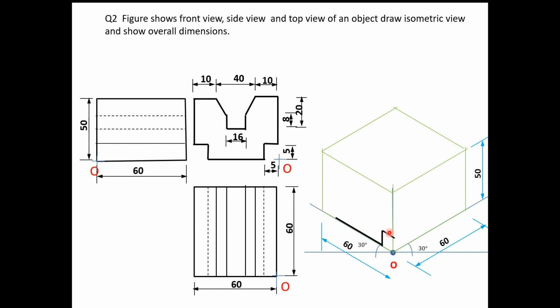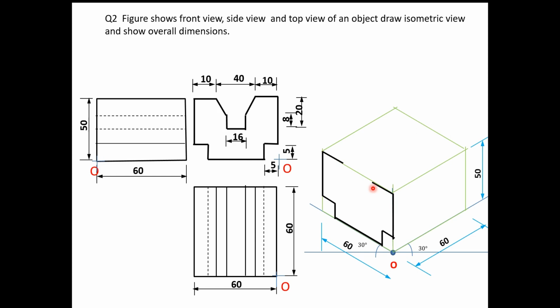Again this is 5 mm. You can see here. Then this vertical line up to the end. Next, again this is 5 mm line, 5 mm line, again 5 mm line. This is up to this, so this is 45 mm length. Now next, this is 10 mm length, this is 10 mm length.